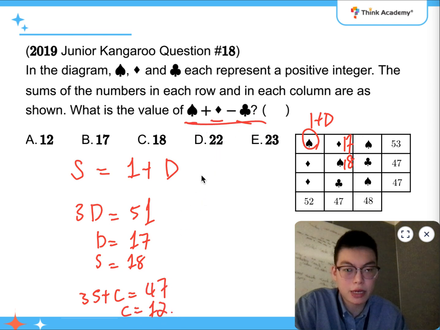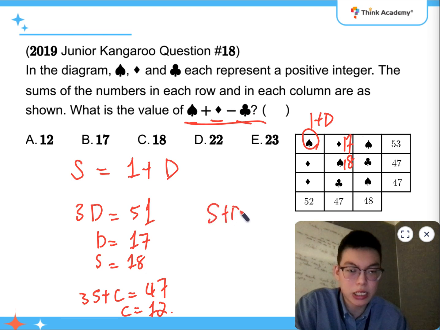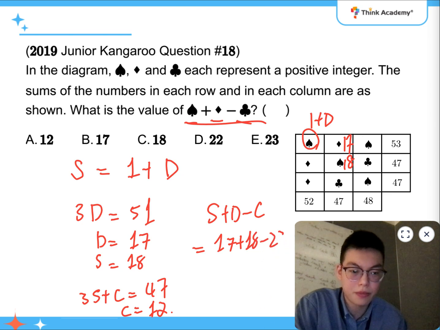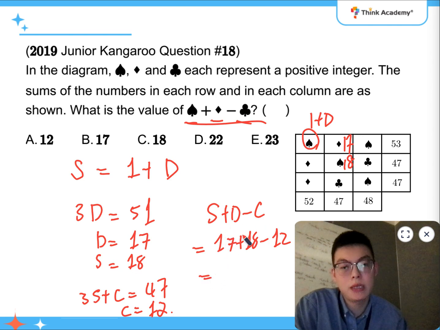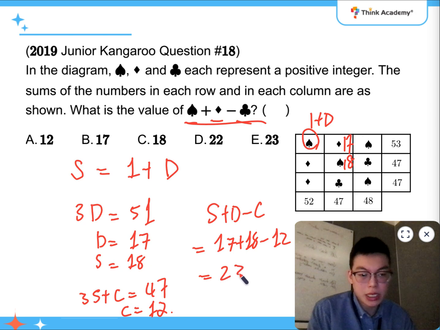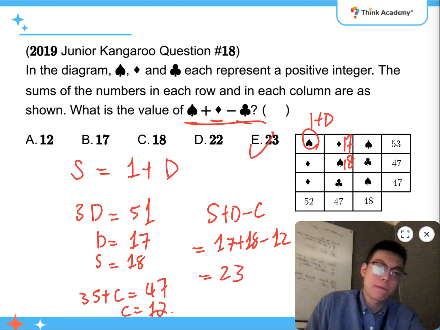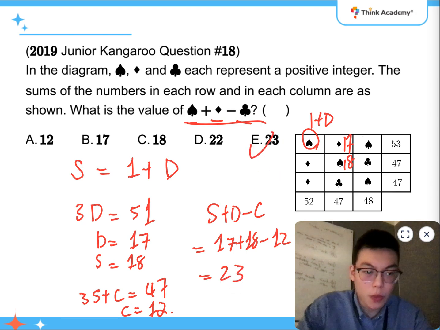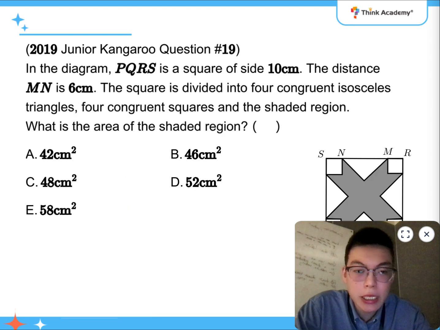So we can calculate that. Spade adding diamond take away clubs is equal to 17 adding 18 take away 12, which is 35 take away 12, which is 23. Okay, so that's for question 18.